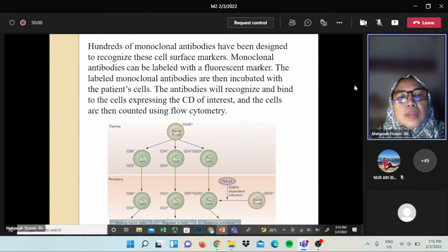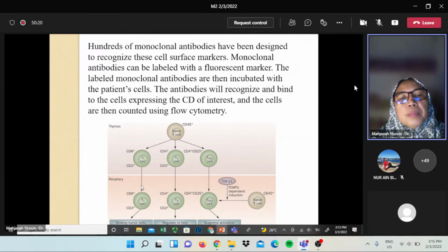Okay. All right. So here, just to show you that in the thymus, it starts off with CD45, which is the naive T cell, and then it has a marker of a different type, so it becomes T cytotoxic.